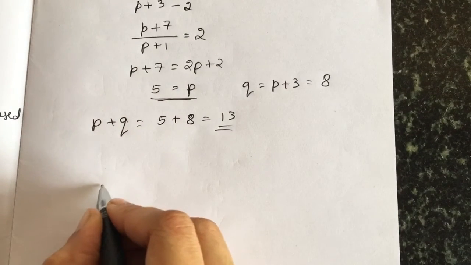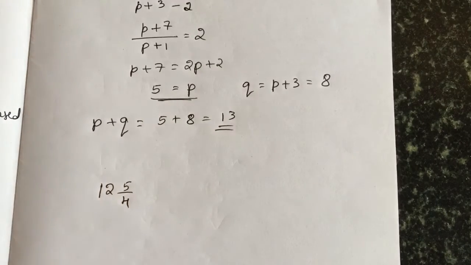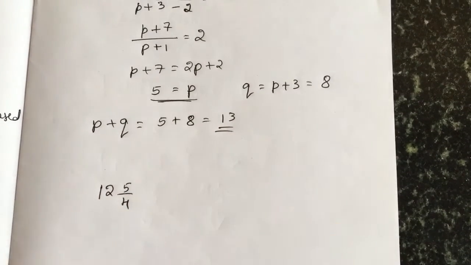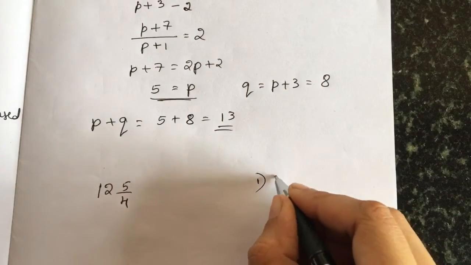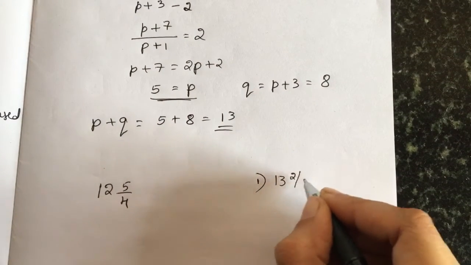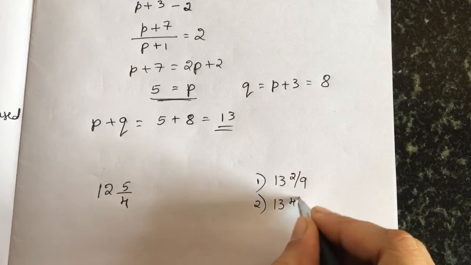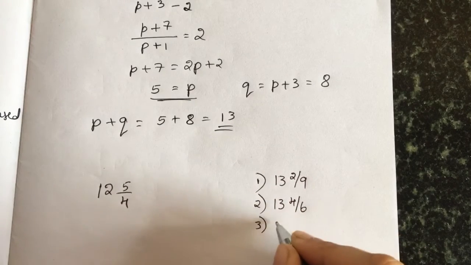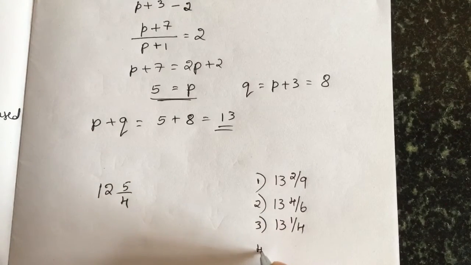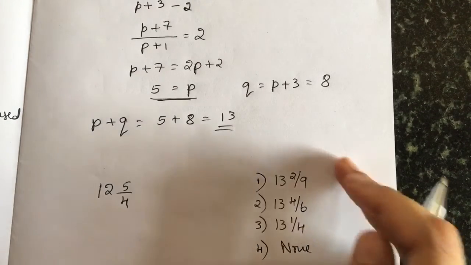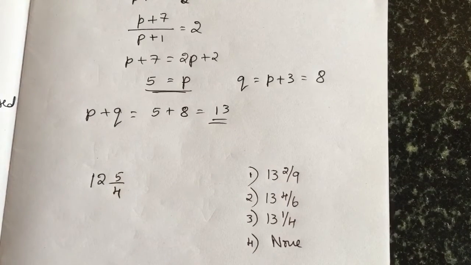Say 12 5 by 4, this was the answer you are getting. But in the options, say they have given options like this. They are also mixed fractions, but quite different. The answer which you are getting is not there in the options.